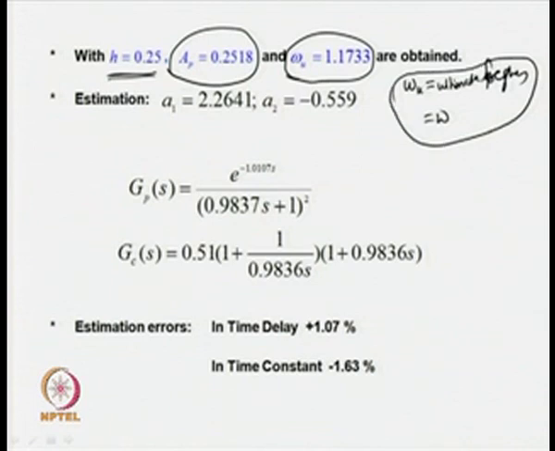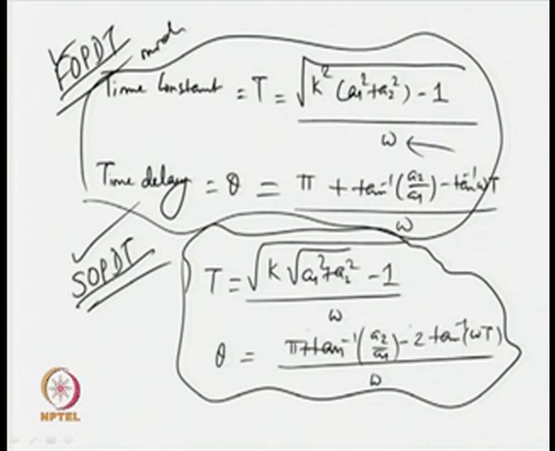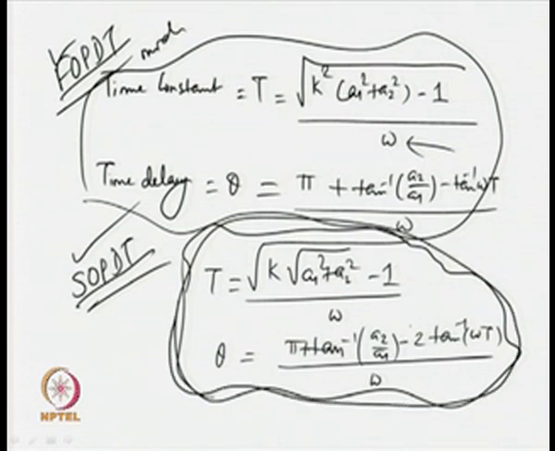So, when A p, omega u, h are put in the formulae that we have found for the parameters of this second order plus dead time transfer function model, then T and theta are estimated.